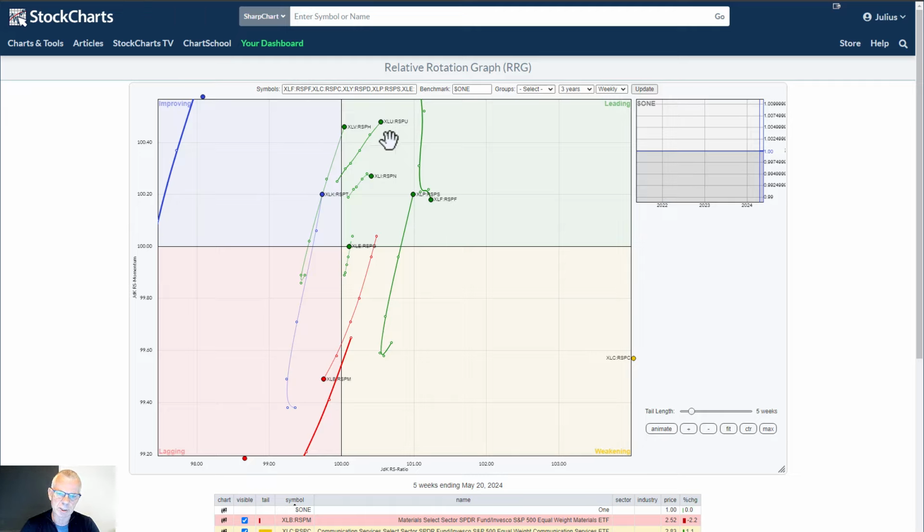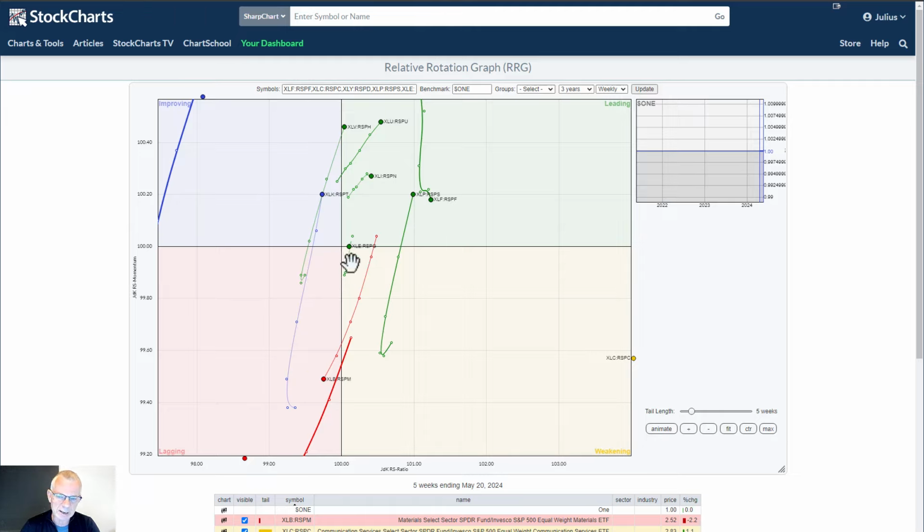Utilities versus RSPU, even though it is quite similar, you can see how the larger names are pushing higher. Same here goes for XLK for technology. The larger technology stocks are driving. Small mid-cap, smaller names are underperforming the larger names.